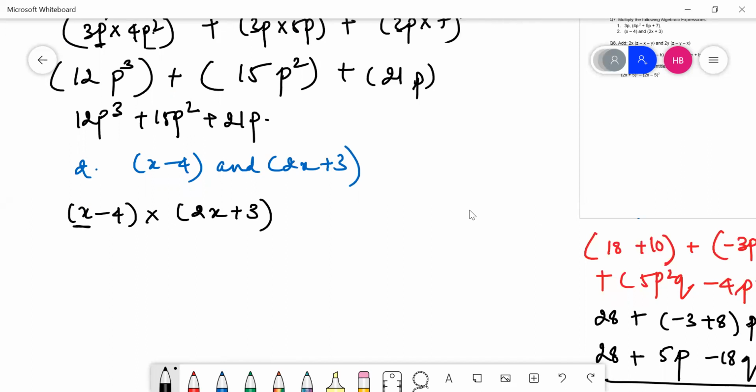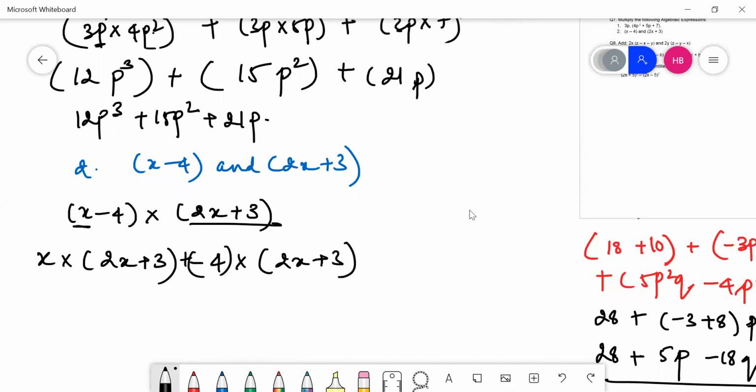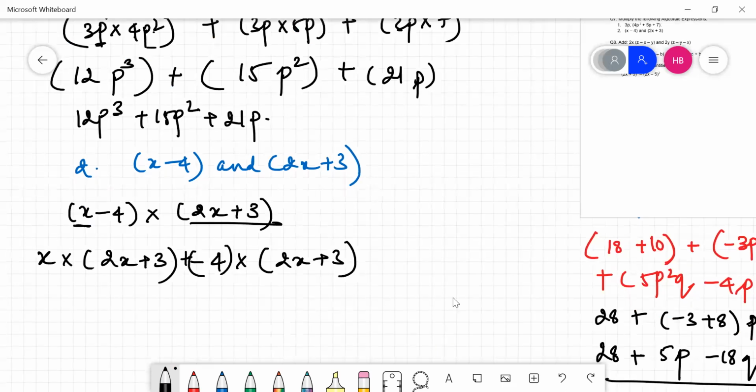We take the first term of the binomial and multiply it with the entire second algebraic expression, and then we take the second term, minus 4, and multiply it with the second algebraic expression. So it will look like this.